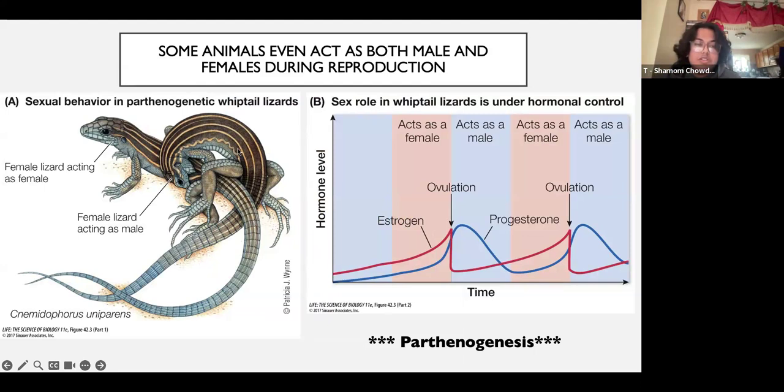Here you have a female lizard acting as a male, and the way a lizard acts depends on the hormone level that is most active during that time. So high estrogen leads to acting as a female, while high progesterone leads to acting as a male for these whiptail lizards.